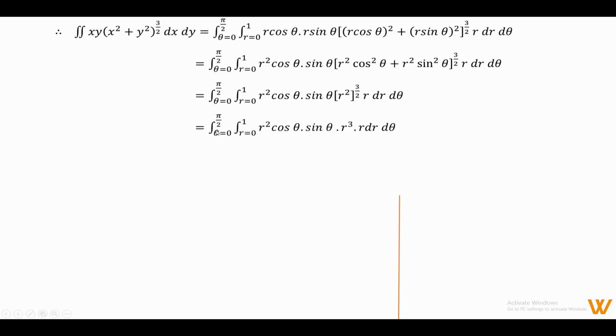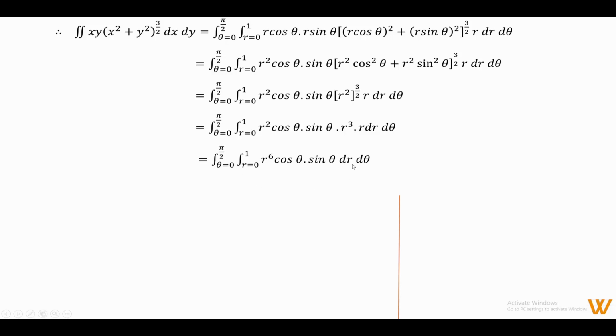This is r square cos theta sin theta into r cube into r dr d theta. R square into r cube is r raised to 5, into r is r raised to 6, into cos theta sin theta dr d theta.